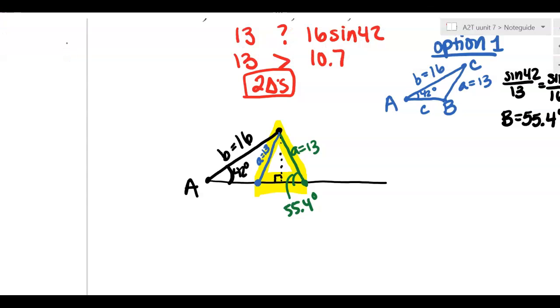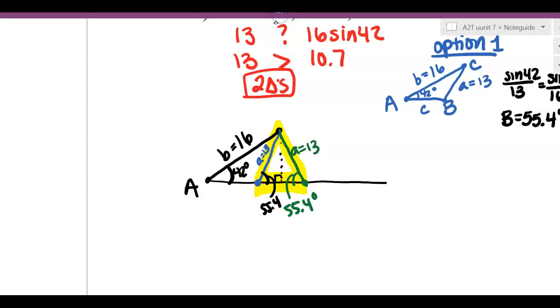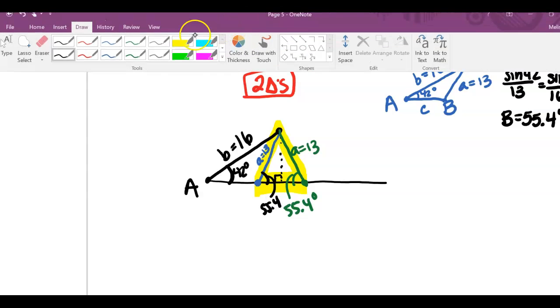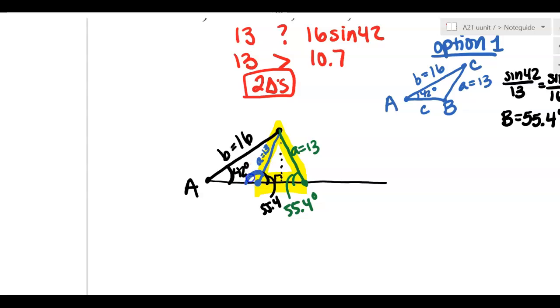This is 13 and this is 13, which tells me that this is 55.4, but also this is 55.4. How does that help me with trying to figure out obtuse angle B over here? Okay, Payne? Subtract 55.4. Is that all right with everybody?